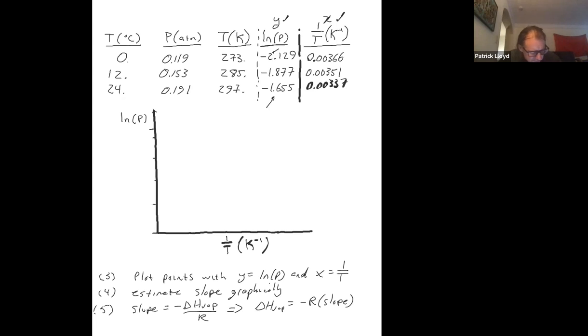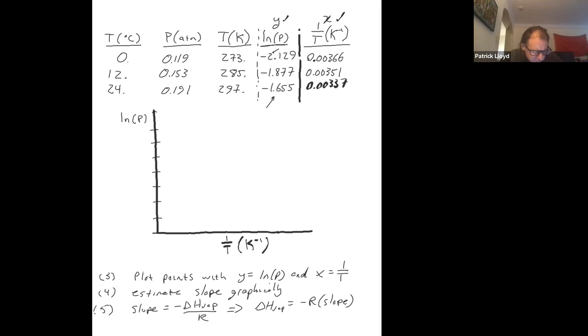Let me erase that last one up there. There we go. Okay, so I want to make even divisions. Those are not exactly very even. Graph paper is better. So we'll start right there. I'll go even divisions like this. There we go. And I just want to make sure that all 3 of those points fit on this range.